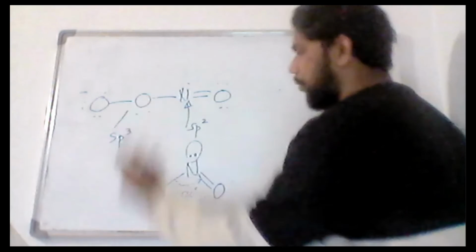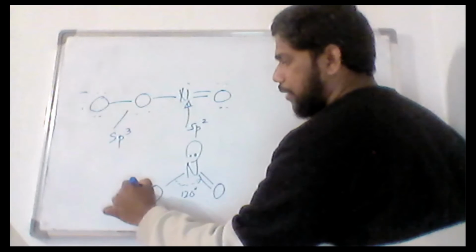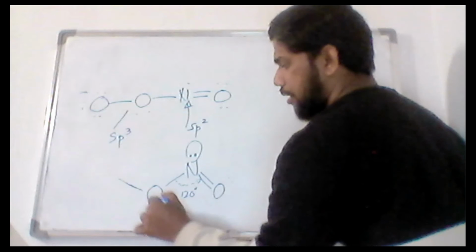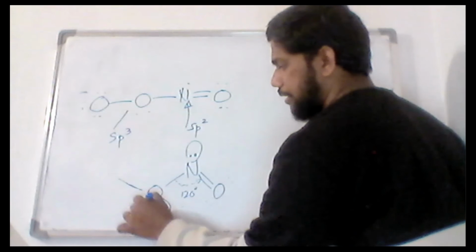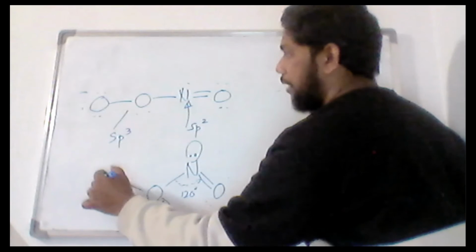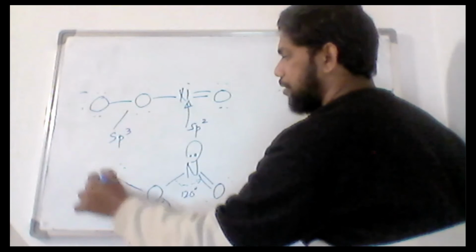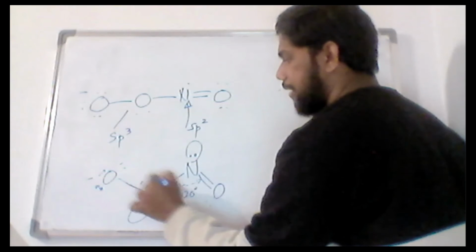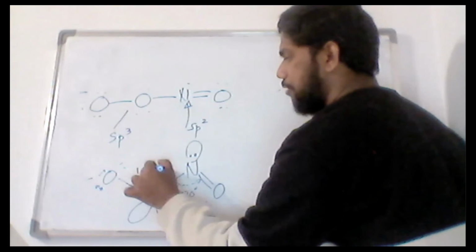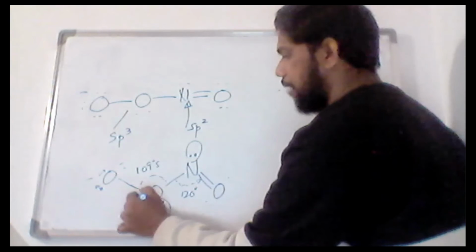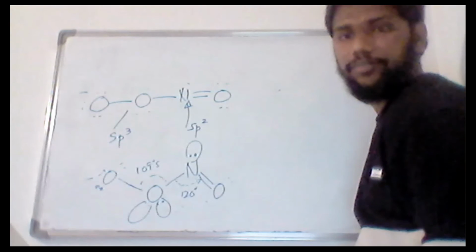And here there are two lone pairs. Either you can draw like this, putting the lone pair like this, and here is the oxygen, negatively charged. And this angle is around 109.5 because this carbon is sp3.